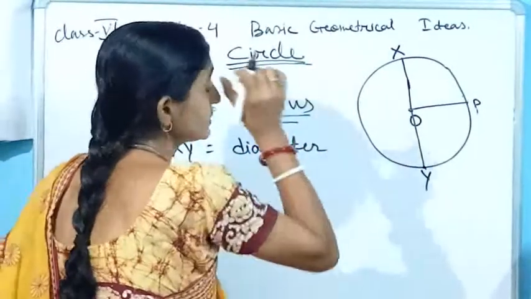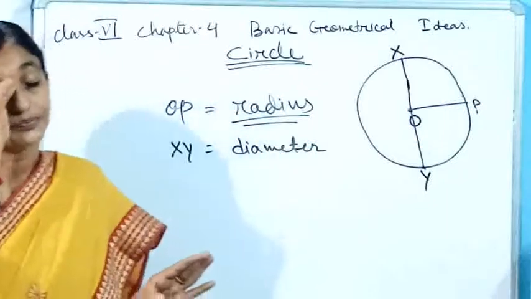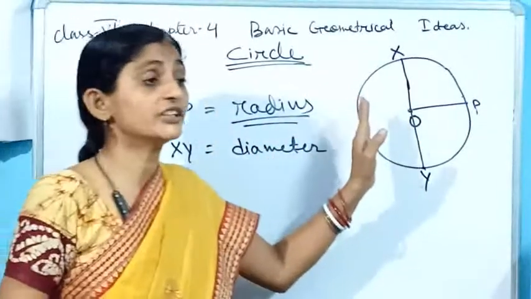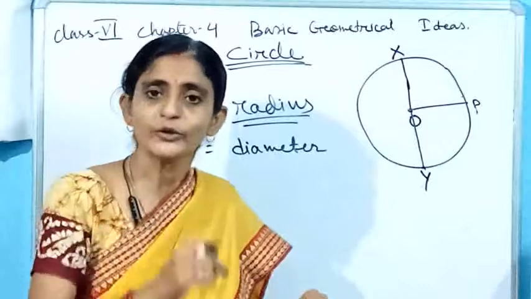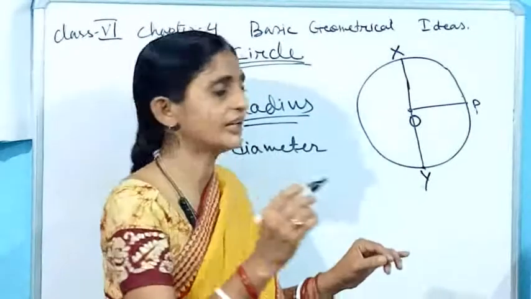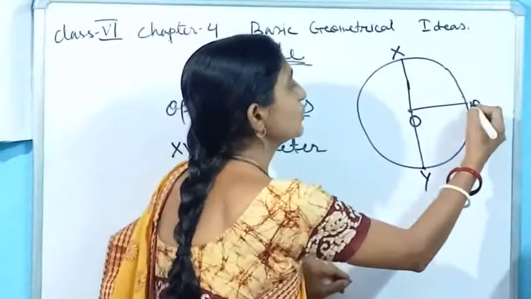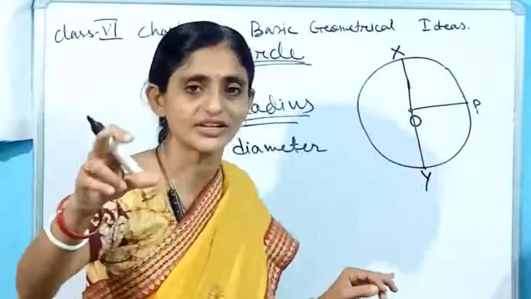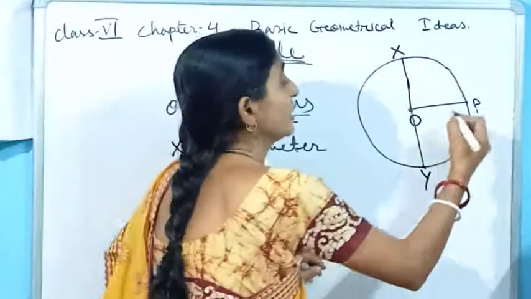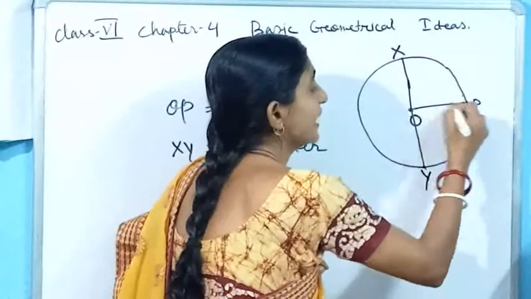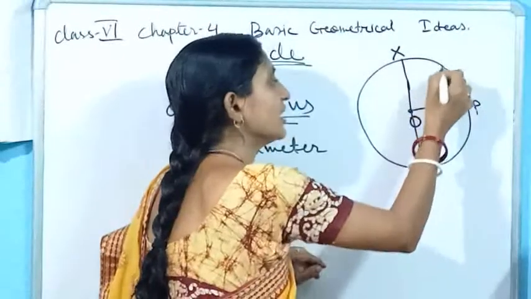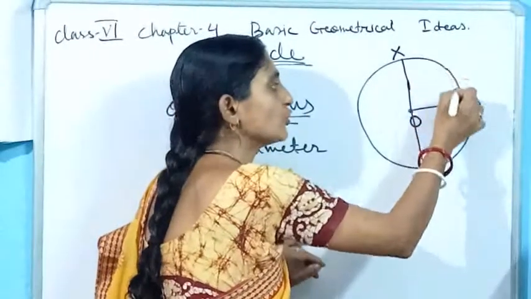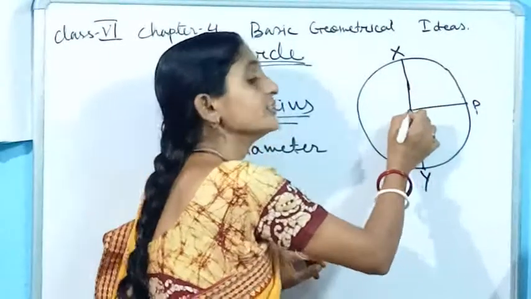Now, up to that it is okay, we have understood what is radius and what is diameter. Now you can see one thing, as I was telling, that the distance from the center to the circumference, you don't know what circumference is, I am coming to that after, but to the curved line, that distance is always equal for any point on the circle to the center.